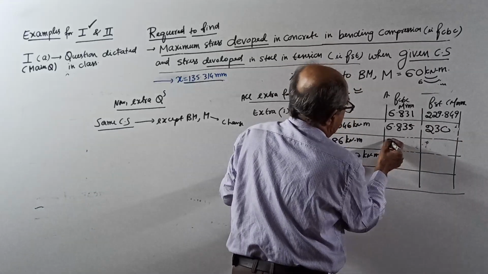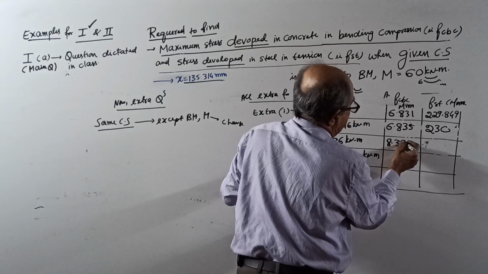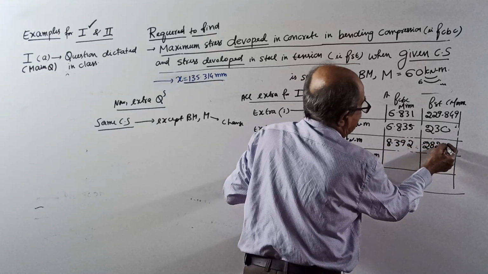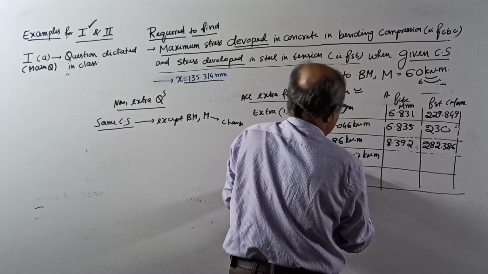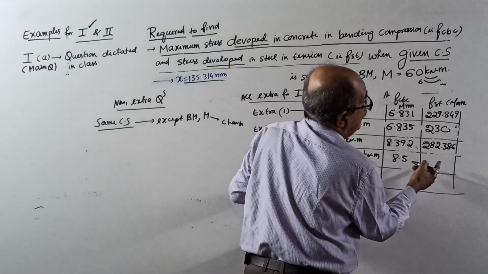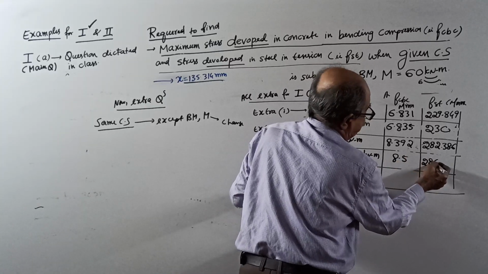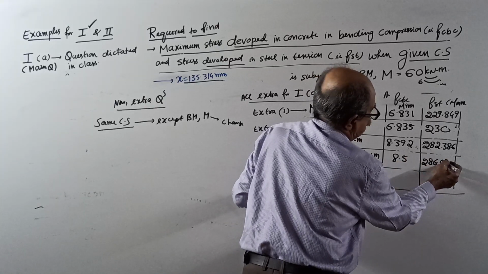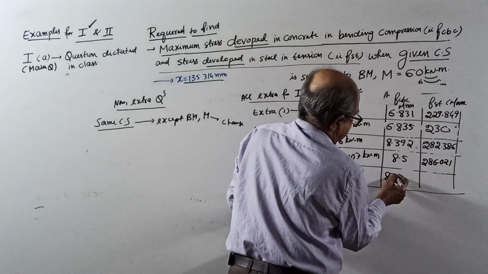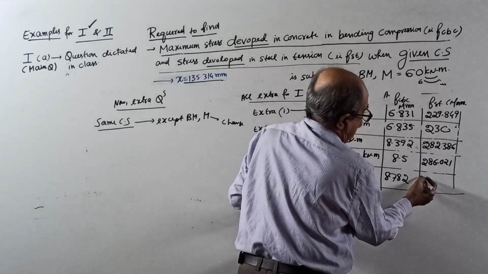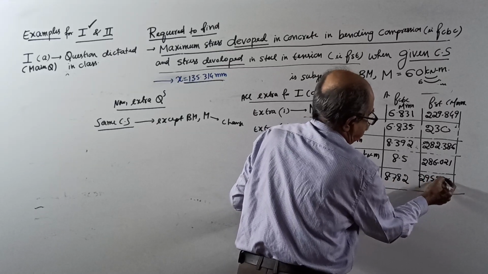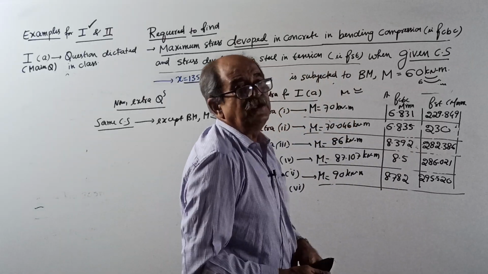For 86: 8.392 and 282.386. For 87.107: 8.5 and 286.021. For 90: 8.782 and 295.520. I will tell you what this one is later.